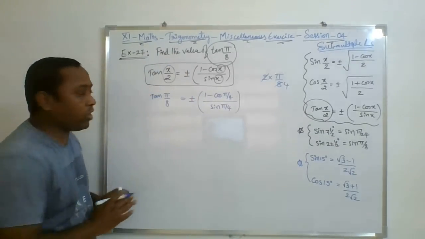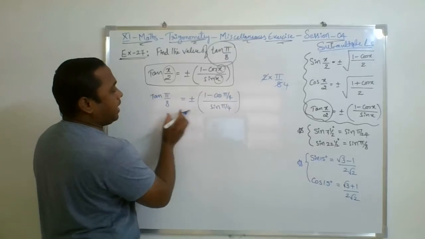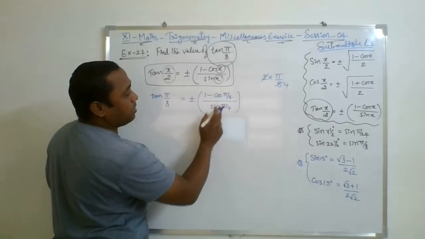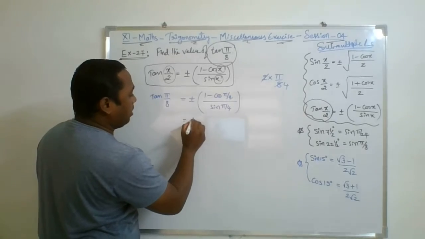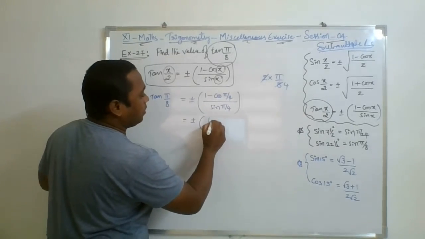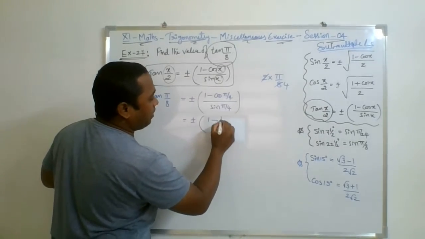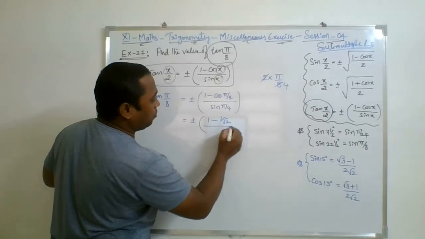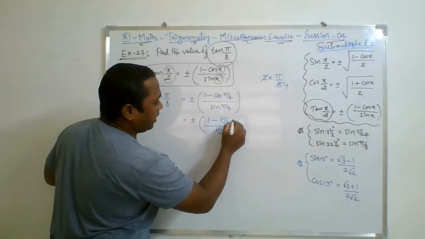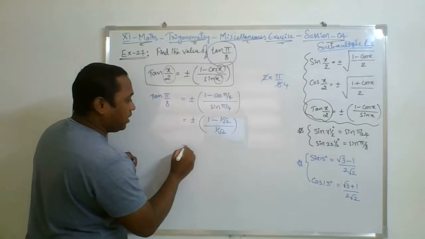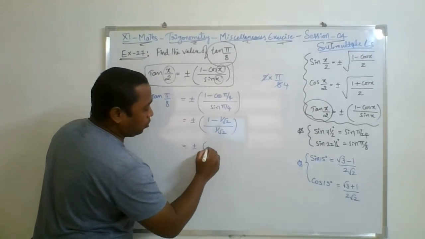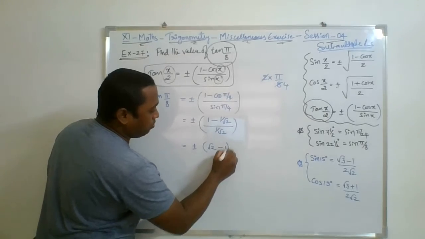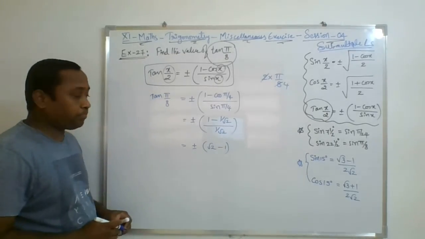So tan pi by 8 is written as plus minus (1 minus cos pi by 4) by sin pi by 4, where cos 45 degrees is 1 by root 2 and sin 45 degrees is 1 by root 2. Now take the LCM and root 2 gets cancelled, and root 2 minus 1 is the answer.